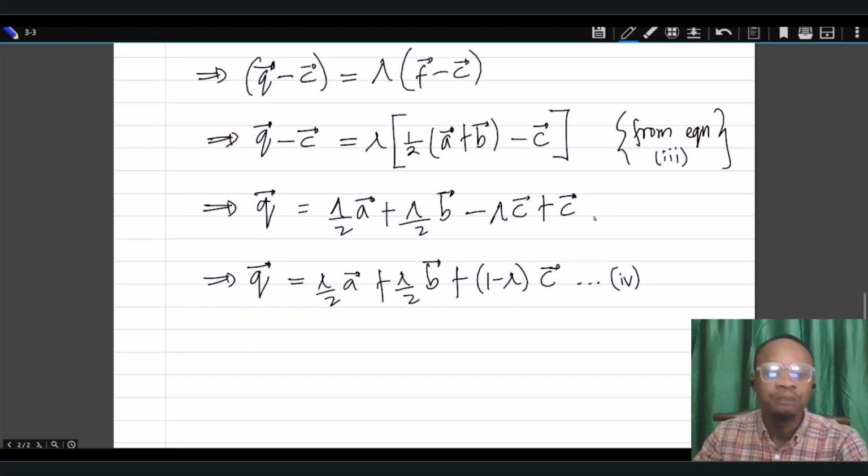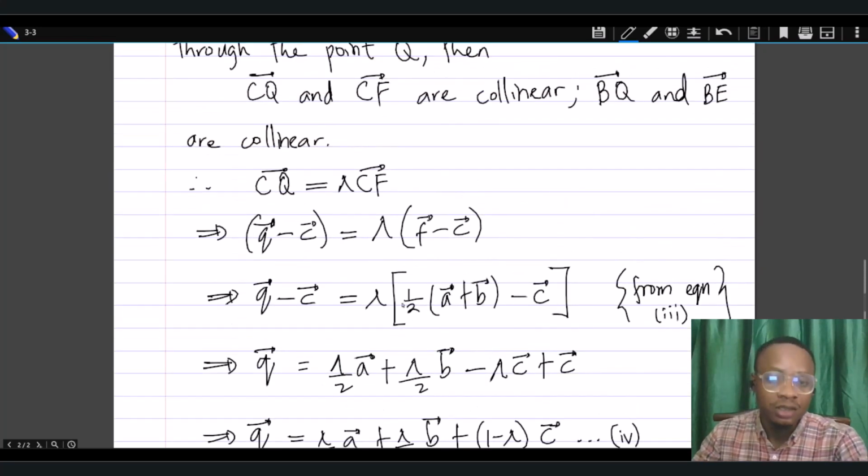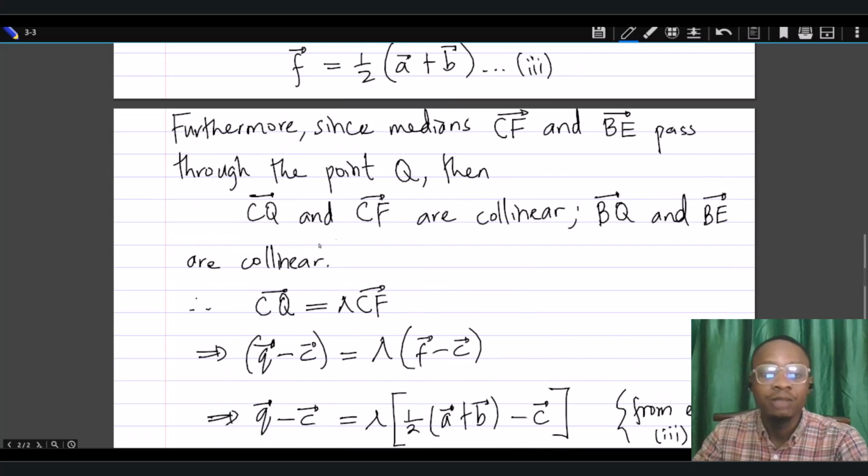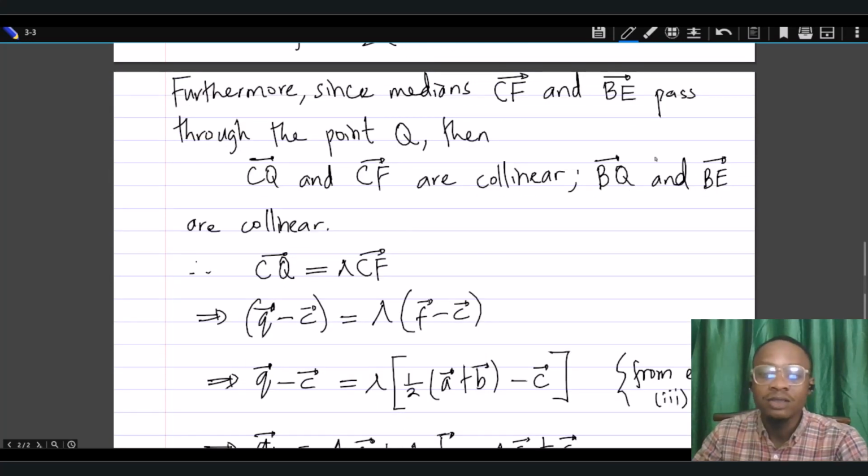Then to proceed, we came about this by considering CQ and CF being collinear. So now let us consider BQ and BE being collinear.